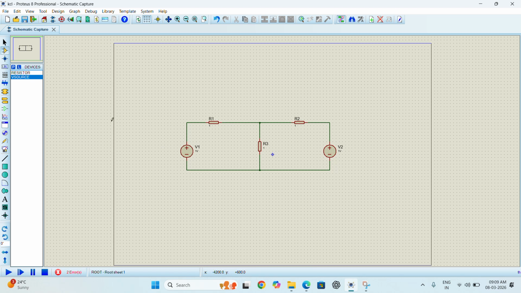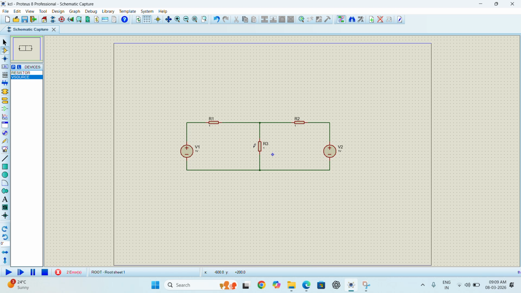Okay, now, I have already told you that if there are three nodes, one node has to be considered as a reference or ground. So this is how we apply KCL. And one more most important application of KCL is that we can find the node voltage wherever it is present by applying KCL. And what is the application of KVL? I have told you it is used to find the current in a loop.